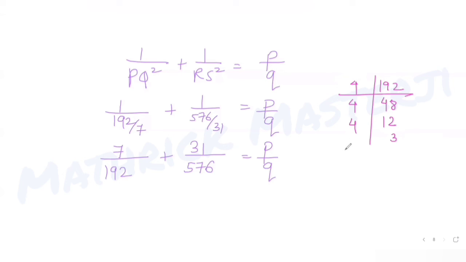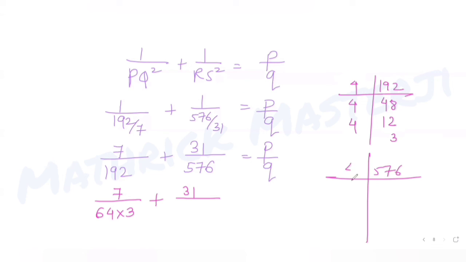So I can basically write it as 64 into 3. And 576 also, if I try to simplify by 4 first, 4 times 144, 4 times 36, 4 times 9. So again, I get 64 into 9, I can write this as P over Q.